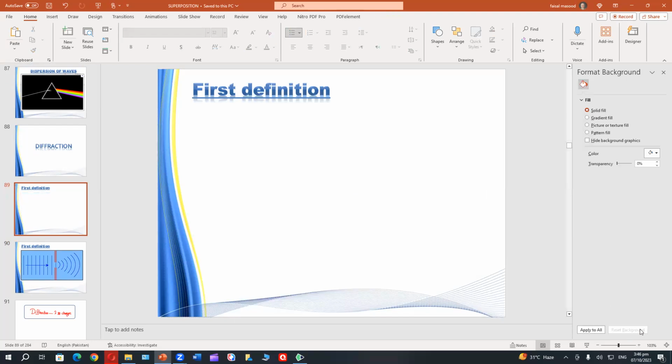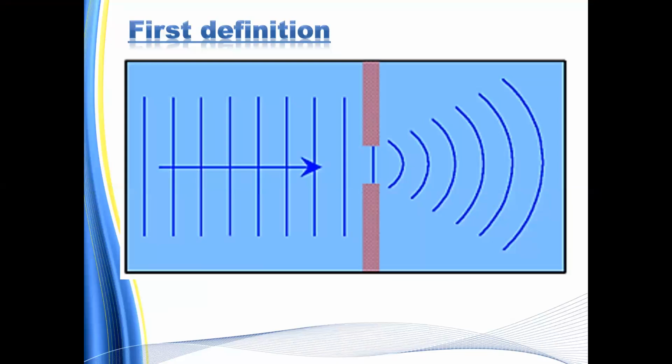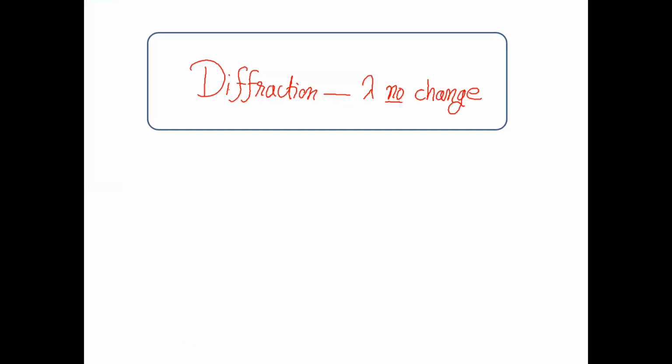Diffraction is the bending of a wave as it passes through a narrow slit. This is bending.